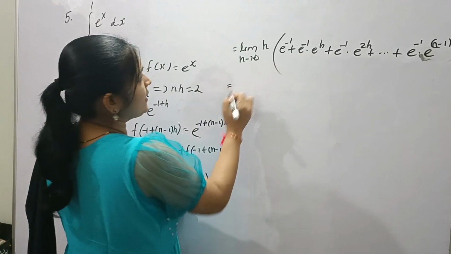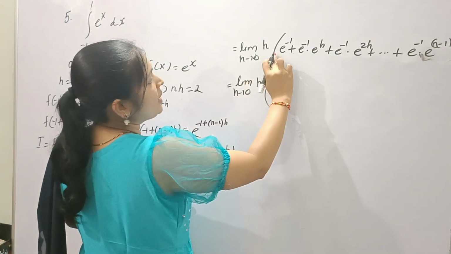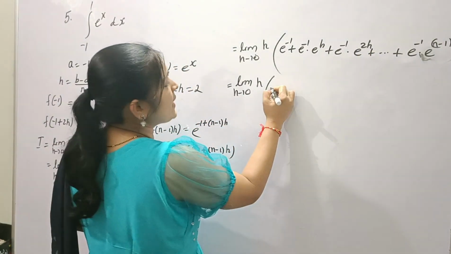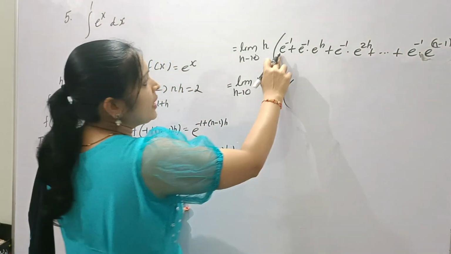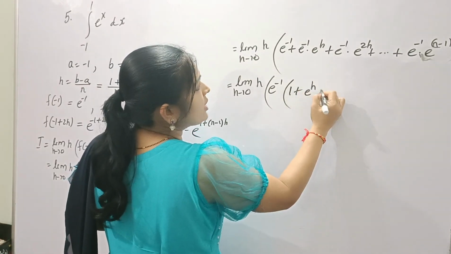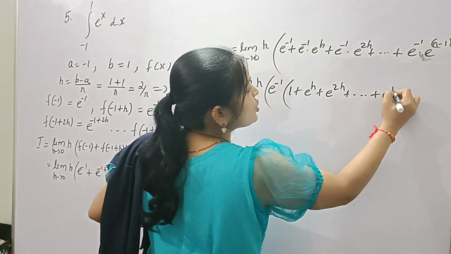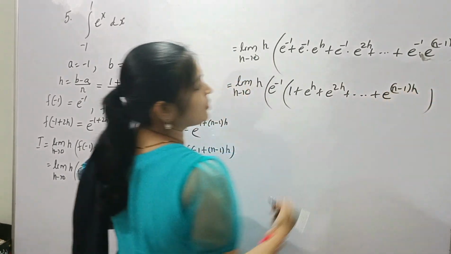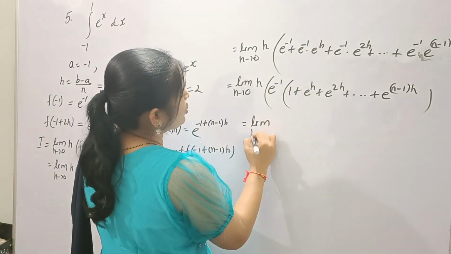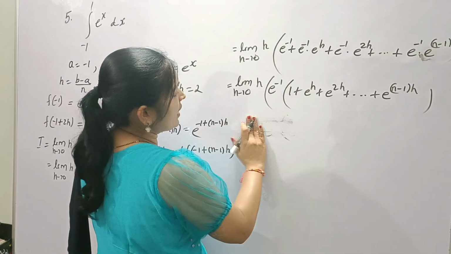That is equal to limit h tends to 0 h into, here see, in all the terms e raised to minus 1 is common. So let's take it out. E raised to minus 1 into 1 plus e raised to h plus e raised to 2h plus etc. plus e raised to n minus 1 into h.